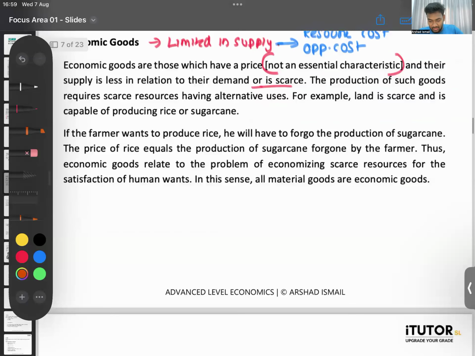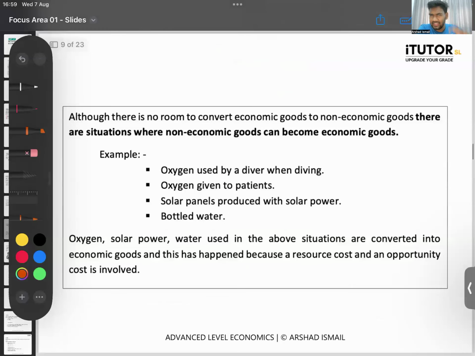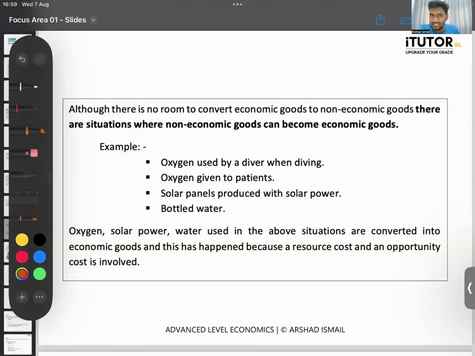Then coming into this, can we convert a non-economic good? Okay, I'll go the other way. Can we convert an economic good to a non-economic good?